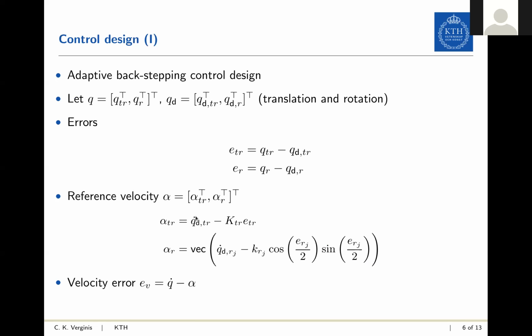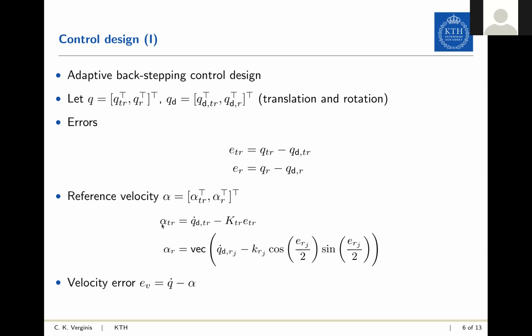It consists of the velocity of the desired trajectory minus a positive matrix gain times this error. This is for the translational part. The rotational part is equivalent, just that we use these cosines and sines because we take into account the fact that rotational joints evolve in manifolds.